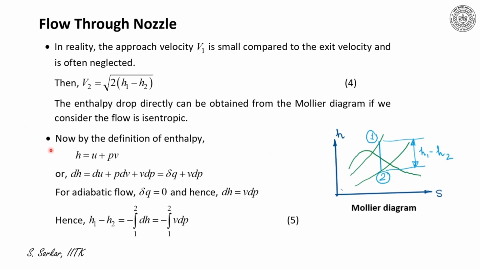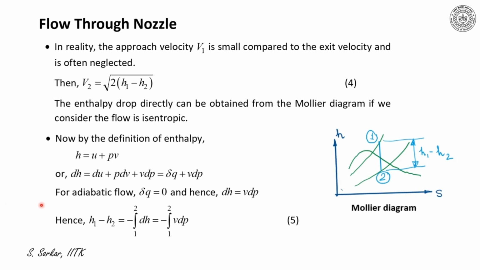from the definition of enthalpy, we can write H is equal to U plus P into V. Thus, dH is equal to dU plus P into dV plus V into dP. dU plus P into dV can be represented as delta Q. Thus, dH is equal to delta Q plus V into dP. Now, for adiabatic flow, delta Q is equal to 0.